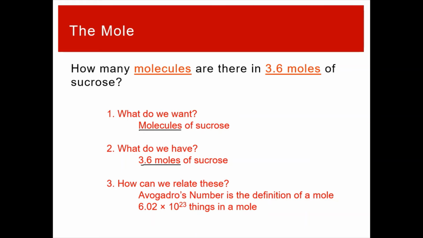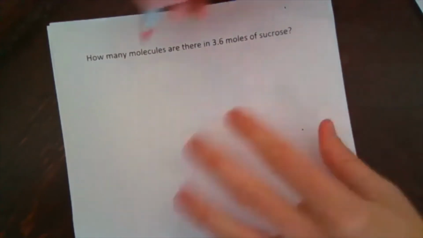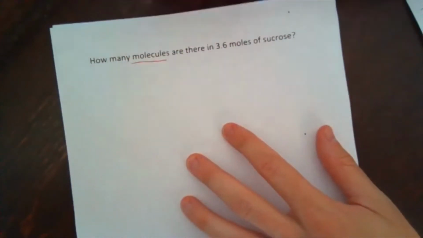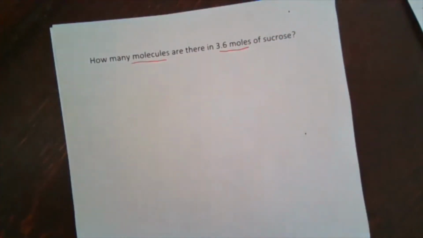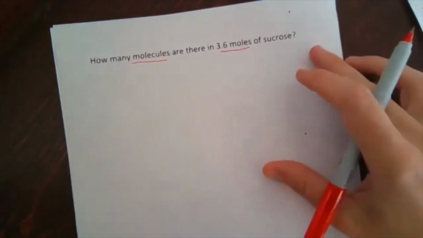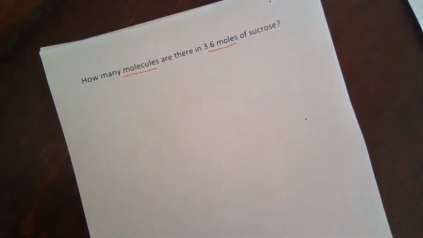So let's go ahead and see what it looks like when we actually work it out. How many molecules are there in 3.6 moles of sucrose? So we know we're looking for molecules, and we have moles. Okay. So if we want to set that up, we're starting with our 3.6 moles.